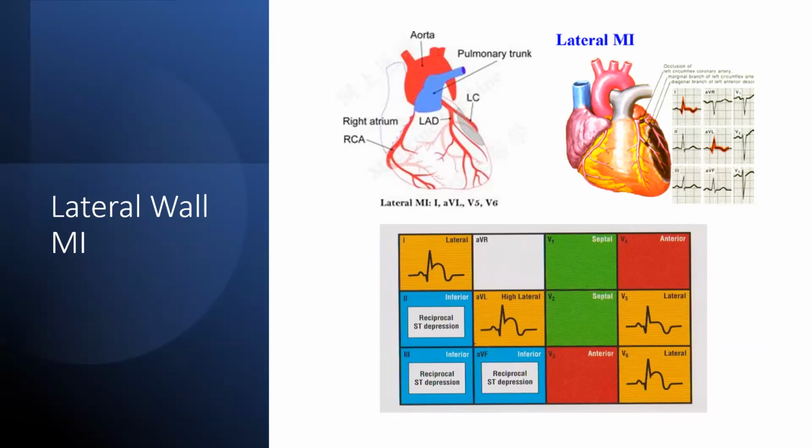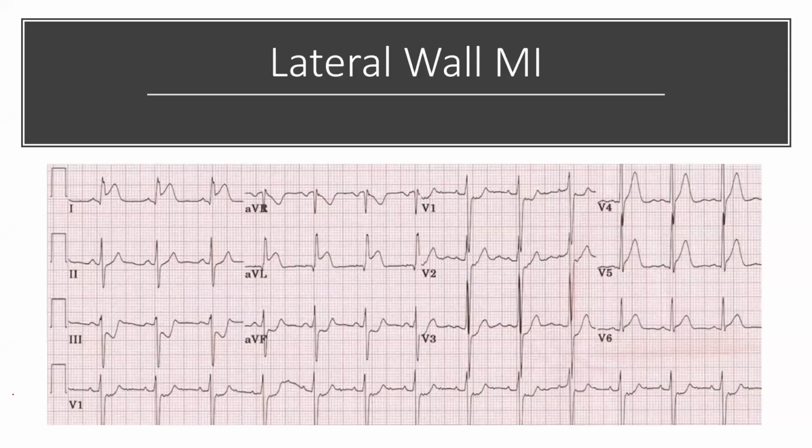So, in essence, when you have a lateral wall MI, as labeled here in yellow, are your lateral leads: leads 1 and AVL, V5 and V6. So let's take a look at an electrocardiographic pattern that demonstrates the presence of a lateral wall MI.